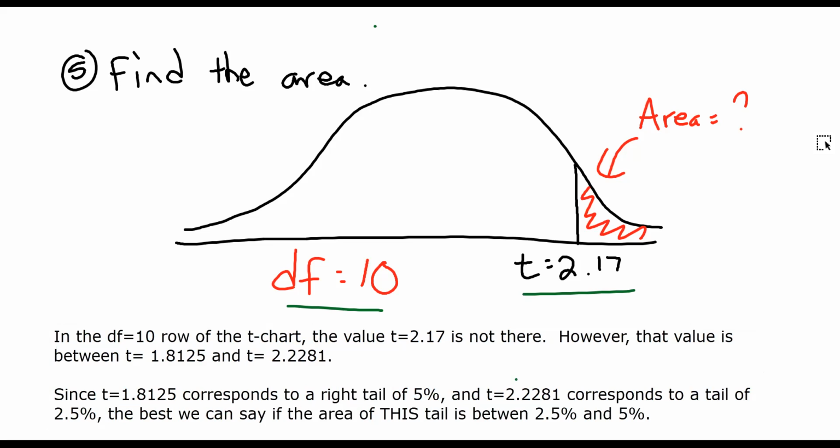When you work it backwards, and there will be situations where we have to, then when we're given a t-value and looking for the area of the tail, the best we can do, unless we get incredibly lucky, is trap the given t-value between two t-values in the chart, on the correct row, of course, and then conclude that the area of the tail is between the corresponding areas of those two t-values.